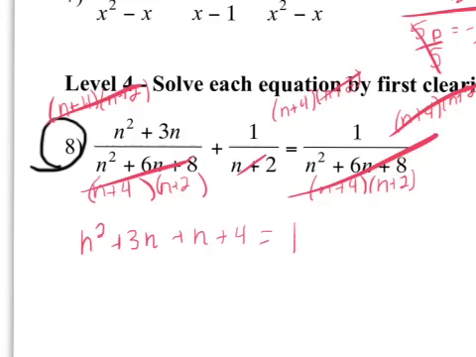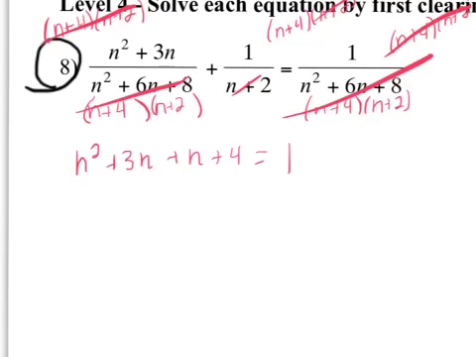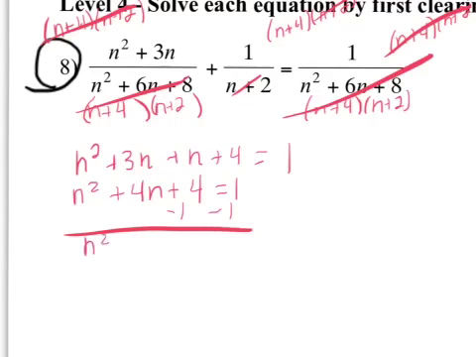Now, since we have an n squared, we want to make sure we have 2 solutions. So what I'm going to do is combine my like terms. N squared plus 4n plus 4 equals 1. In order to get solutions, we have to set it equal to 0. So I'm going to subtract 1 from each side. N squared plus 4n plus 3 equals 0.